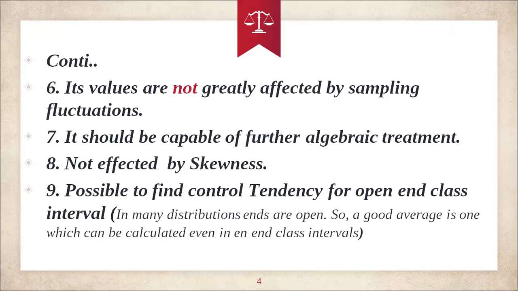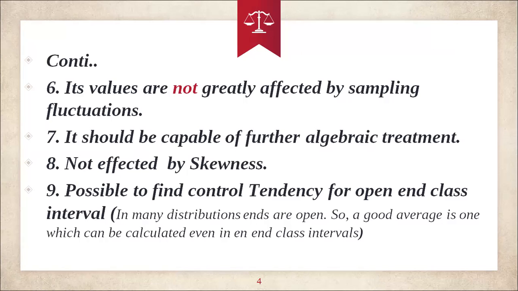For example, when you are taking 3 IPL matches, if we take the first match and third match and 10th match, we should not take like this. We need to take in a systematic manner. Then we will calculate the averages.